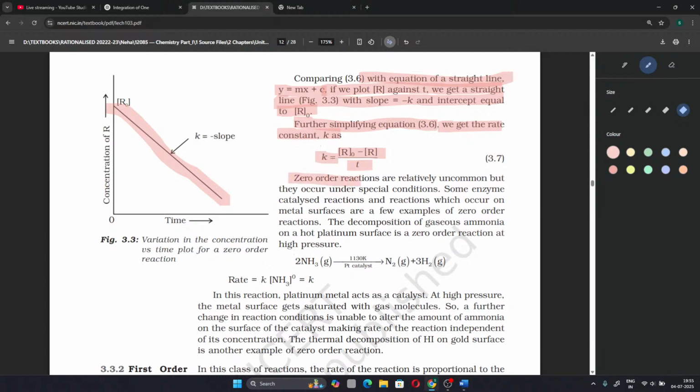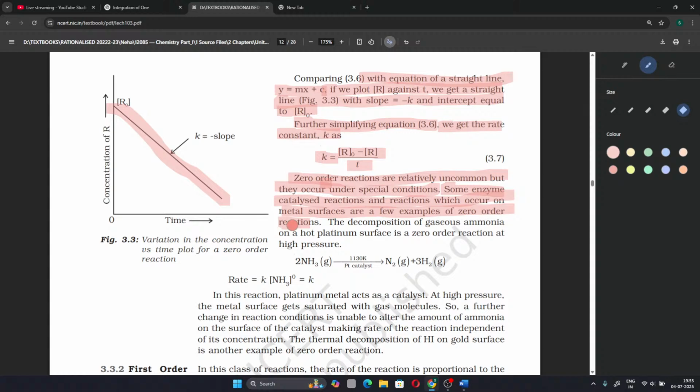Zero order reactions are relatively uncommon, but they occur under special conditions.